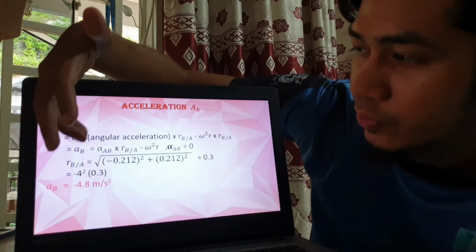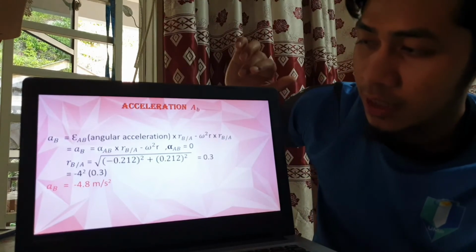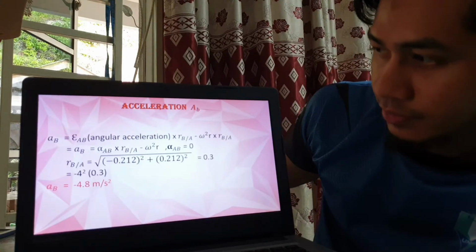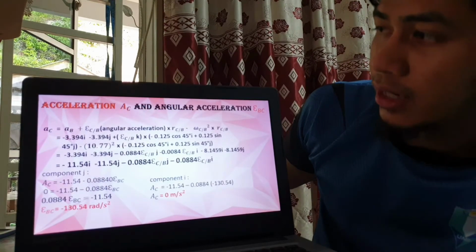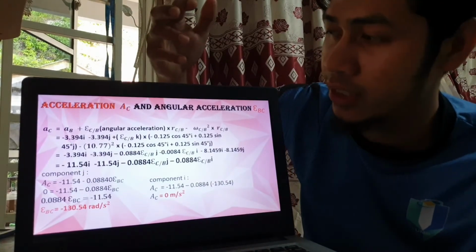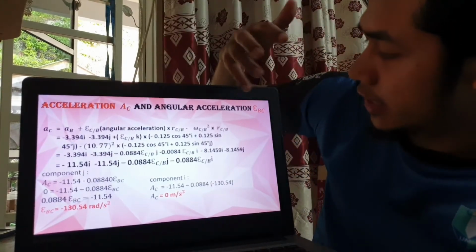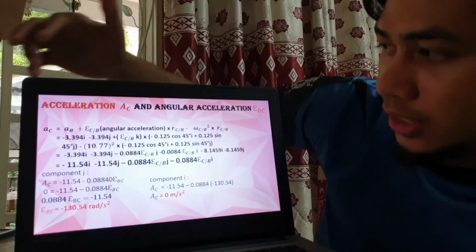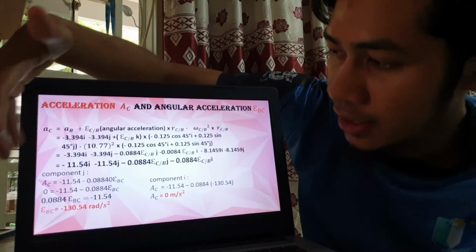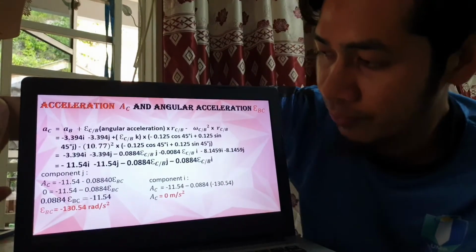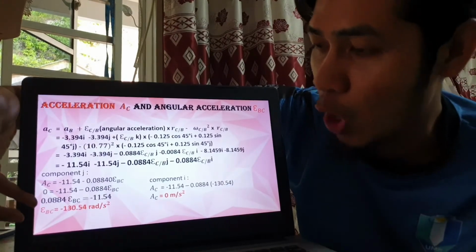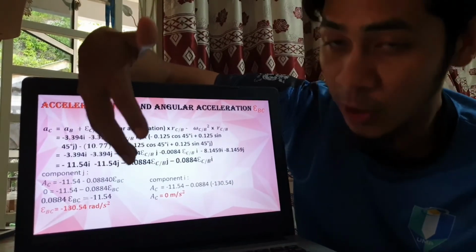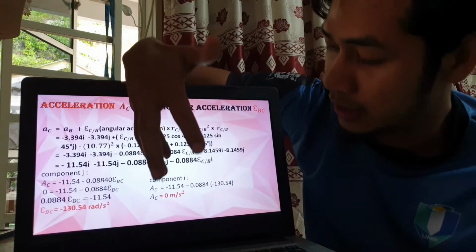From the magnitude we got the answer, which is negative 4.8 meters per second squared. After that, we calculate the angular acceleration of BC and the acceleration at point C. From component J, we get the angular acceleration of BC, and from component I, we get the acceleration at point C.